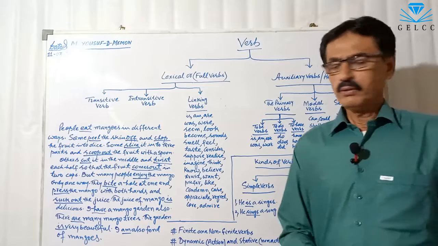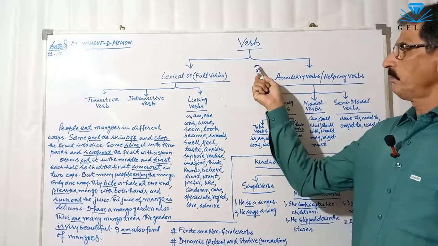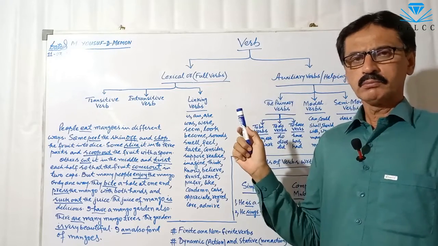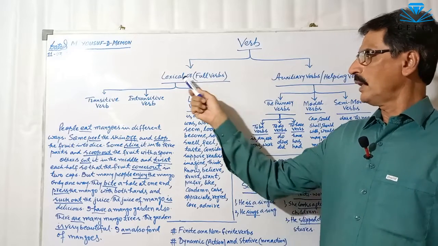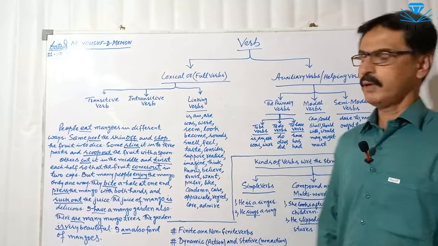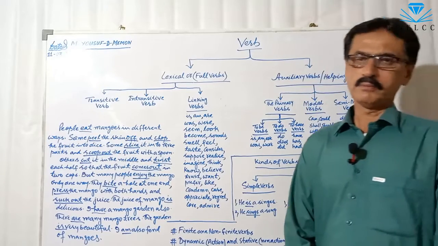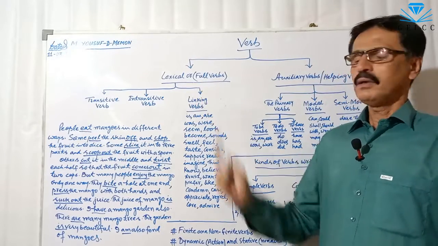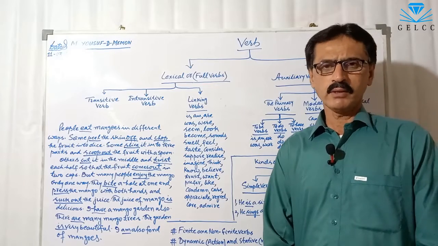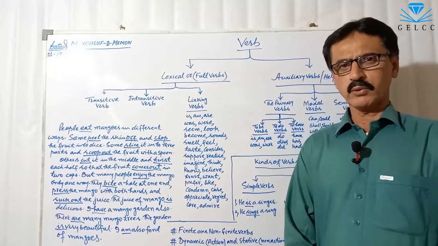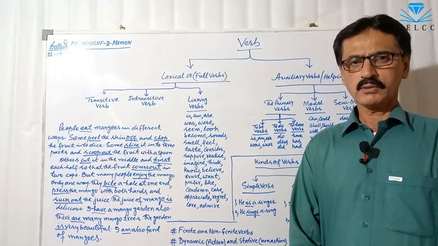Now, verb is divided into 2 parts. Lexical or full verbs, and auxiliary verbs or helping verbs. Lexical or full verbs are the main verbs which can stand alone in the sentence.